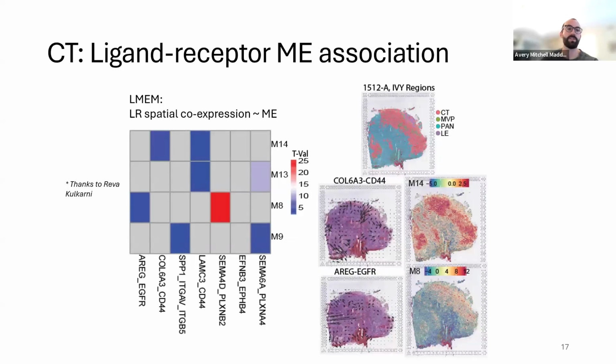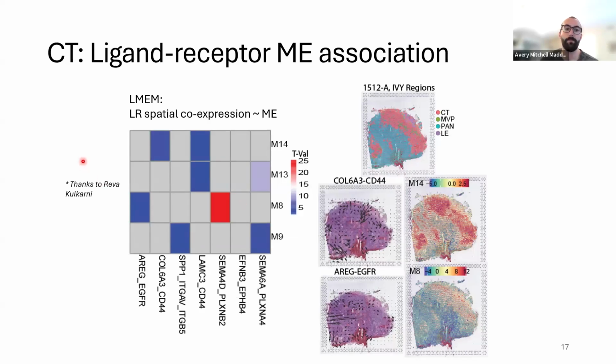So then we can also look to see if there are specific ligand-receptor pairs that are associated with our modules. And we can do this by looking at the ligand-receptor co-expression association with our module eigengenes.